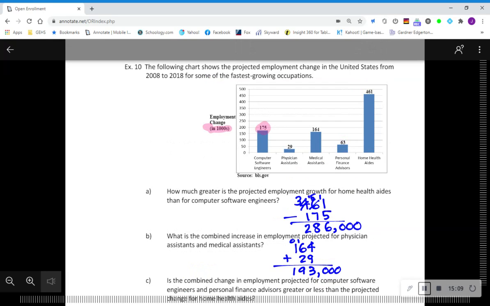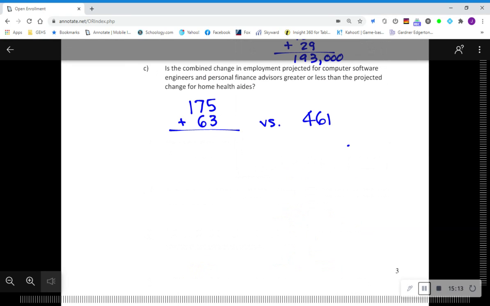All right, so the first task here is to combine the total for the software engineers and the financial advisors. $238,000 versus 461,000, and you would write it like this: 268,000 is less than 461,000.